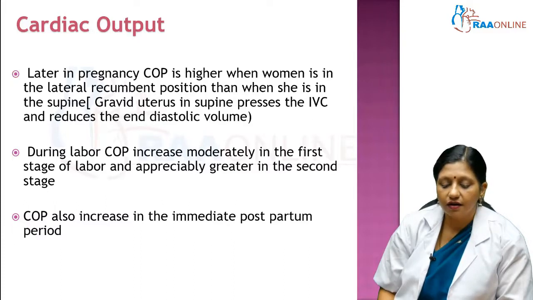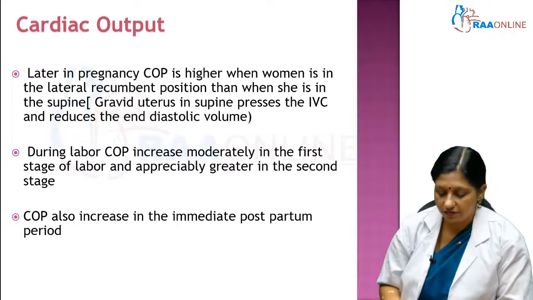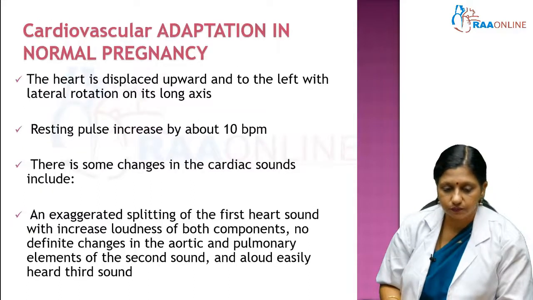Cardiac changes start at around 8 weeks and maximize at around 28 to 32 weeks. There is stress on the heart in the first stage, more so in the second stage of labor, and there is a chance of cardiac failure even in the postpartum period after the delivery of the baby.